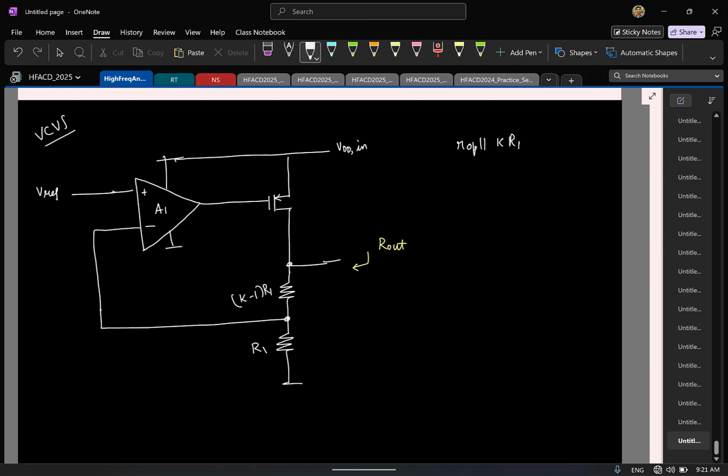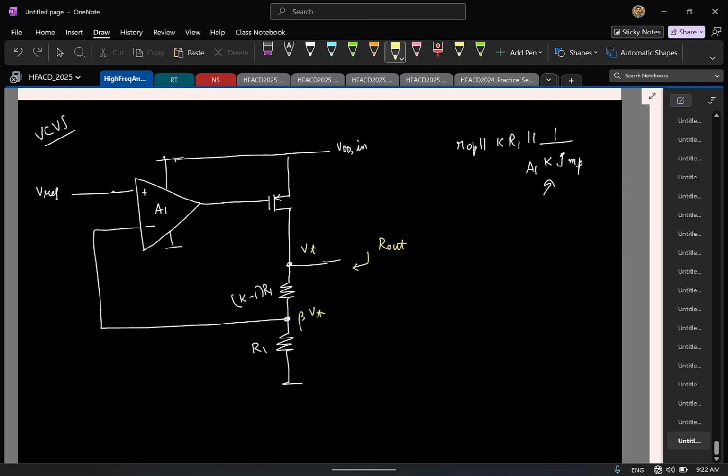Okay, but do you think this is small or large? Seems about right. This is roughly correct. So let's quickly calculate it. Say we apply a test voltage V test. How much of this V test will appear here? Let's say the feedback factor beta, so beta times V test.